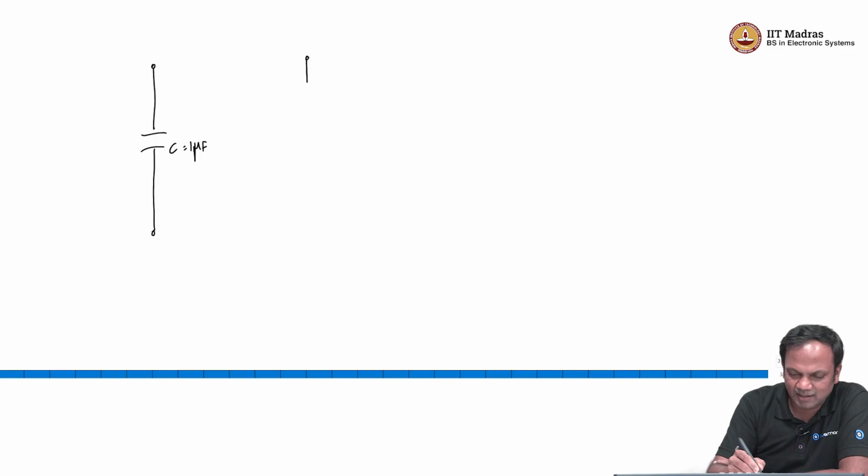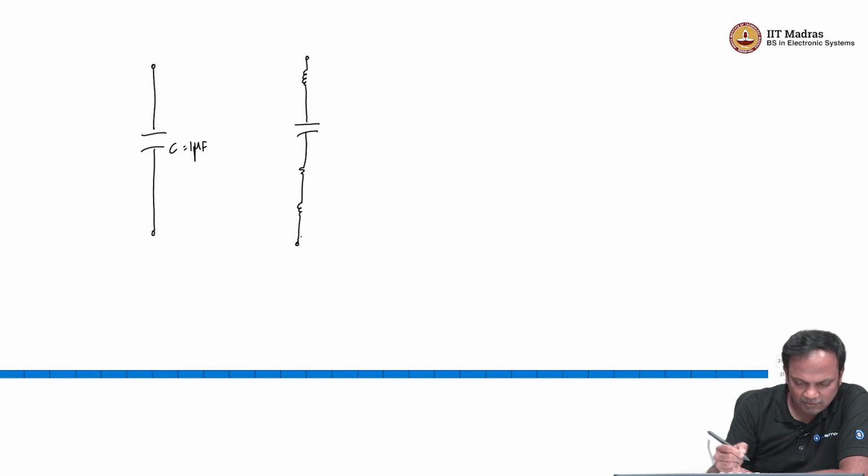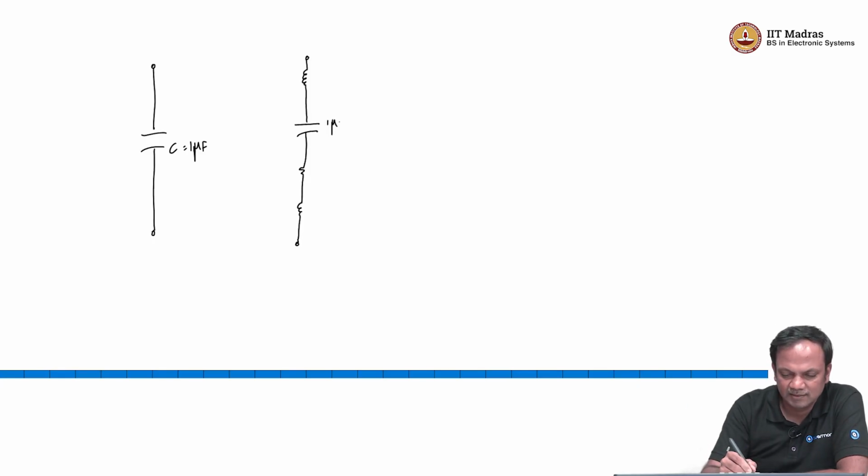This 1 microfarad capacitor will have an equivalent circuit that looks something like this. So, this is the inductance and there is resistance of the lead, right. So, what they do is they lump these together.